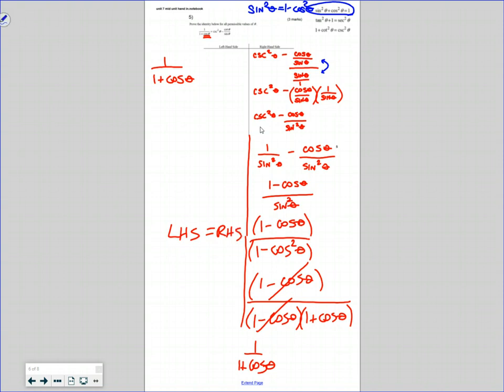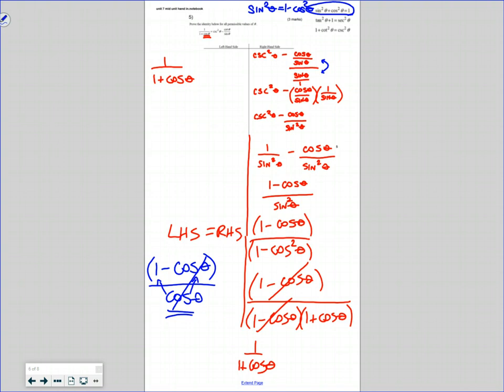Now, just a heads up here. I'm just going to make another comment about a common error I'm seeing. If you had something like 1 minus cos theta over cos theta somewhere in an expression, it's not correct to take that binomial and cancel off two factors like that. Remember, cos theta in the denominator is divided into both 1 and into cos theta.